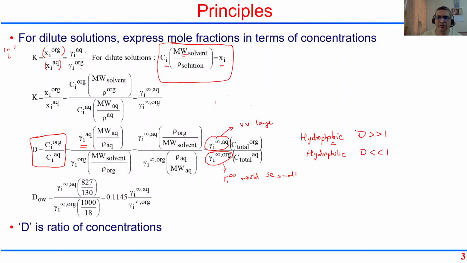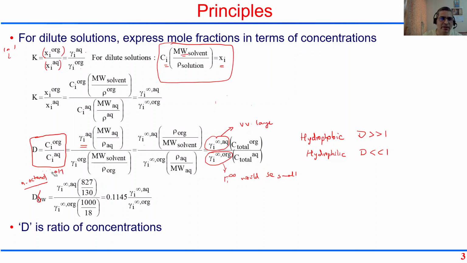So one of the ways in which we characterize whether P behaves in a hydrophobic or a hydrophilic manner is by finding out its distribution coefficient in a known organic solvent. The known organic solvent that we take for this purpose is N-octanol. N-octanol is a C8 alcohol: 8 carbon atoms and OH.